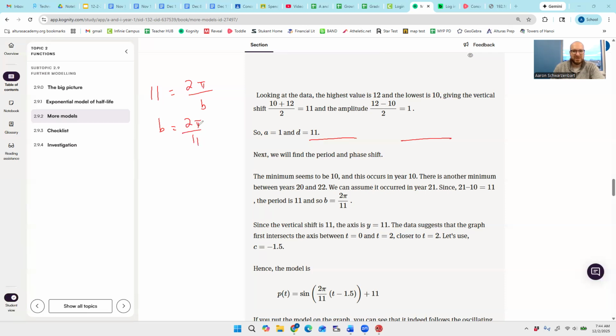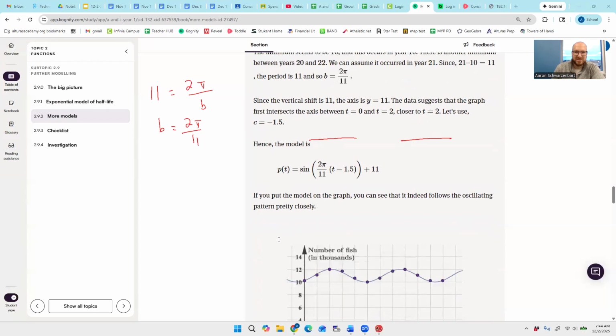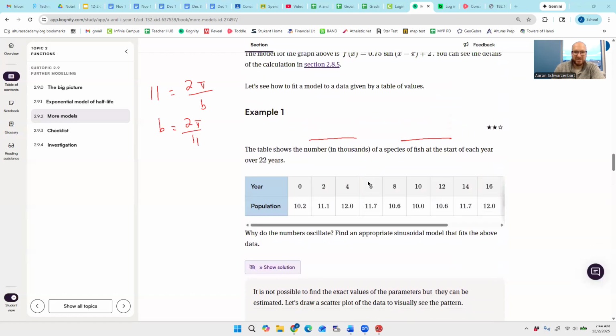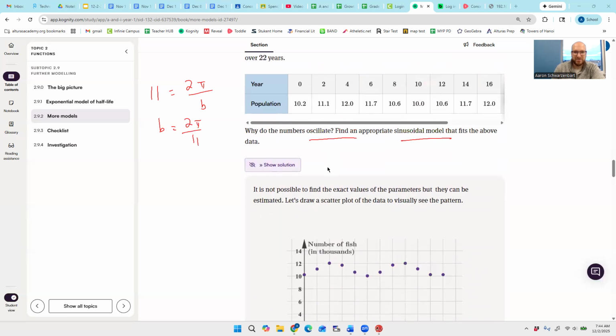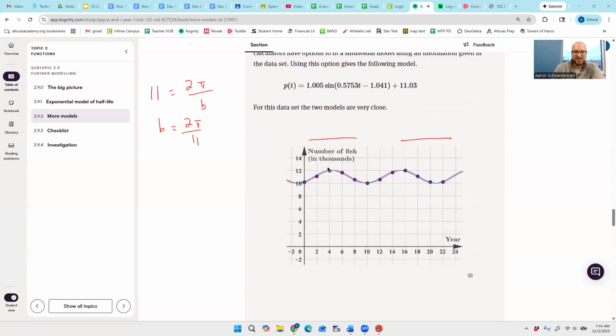Yeah, which is what they had. And then to get to 11, they needed a phase shift of 1.5 to the right. And they approximated it as 1.5 because if you look back at your data, it falls somewhere between 0 and 2 to where it crosses 11.